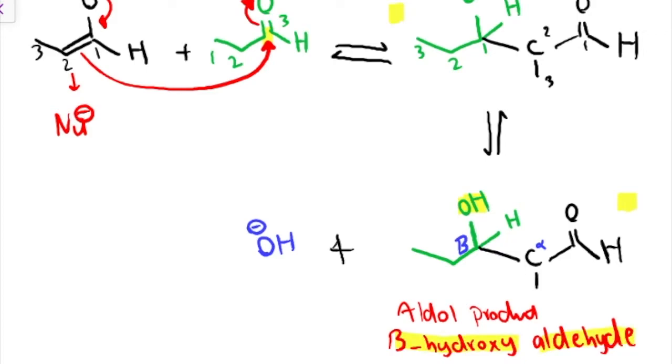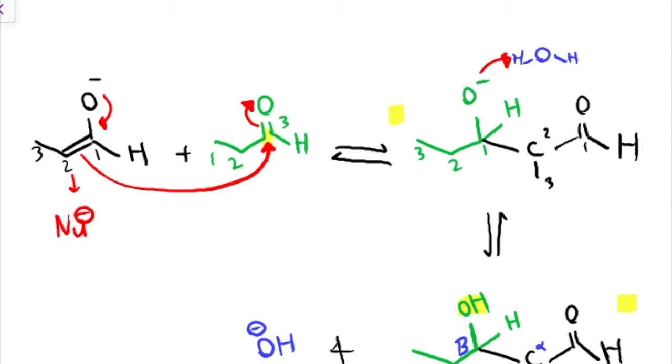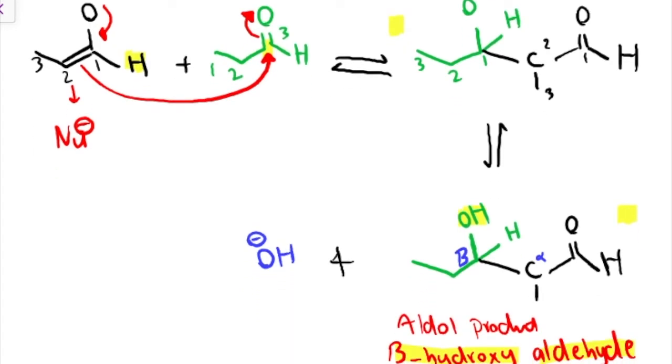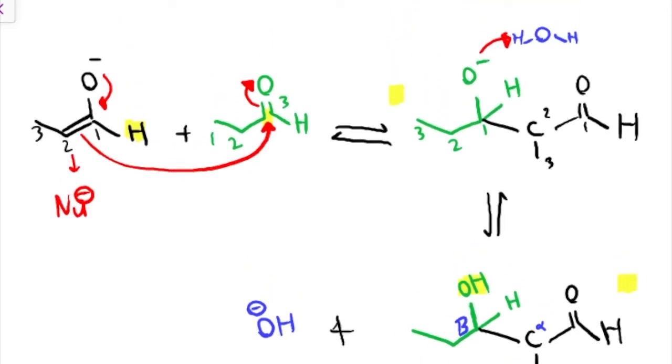Now if instead of an aldehyde we had started with a ketone, then the product would have just been a beta hydroxy ketone. So you can do the same reaction, aldol addition, with a ketone. Now in this step, when the oxygen grabs this hydrogen, we'll form our hydroxide. So this is truly a base-catalyzed reaction because the hydroxide is being regenerated.